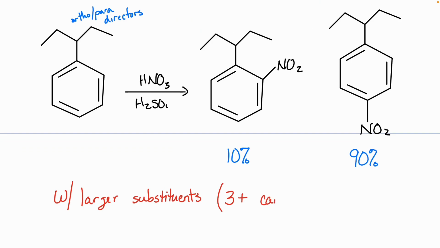We're gonna say 3 carbons or more. Okay, so if you have a larger substituent, something with 3 or more carbons, sterics will dominate, and the para will be the major product.